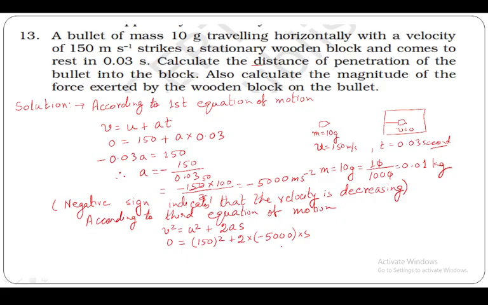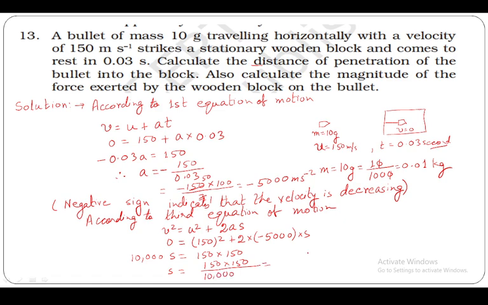Therefore, on the left hand side it will be positive, that is 10,000 s is equal to 150 square, that is 150 into 150. So s is equal to 150 into 150 by 10,000.